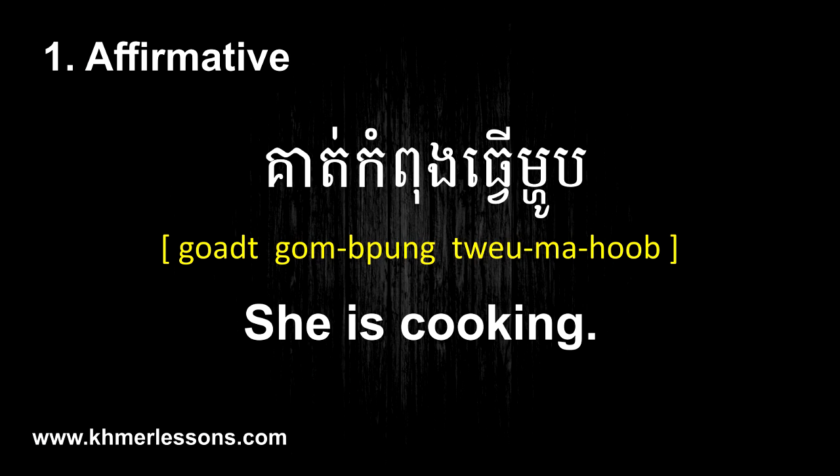It means present progressive, so in present progressive we have to use this word, which means ing in Cambodian language. ធ្វើម្ហូប is to cook. In English you use cooking, but in Khmer we use កំពុង and then cook. This sentence again: She is cooking. គាត់កំពុងធ្វើម្ហូប.